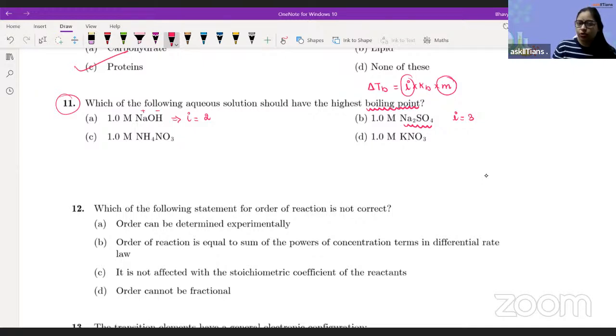In option C, 1 is ammonium ion, 1 is nitrate, again total number of ions is 2. In KNO3, K plus, NO3 negative, total number of ions is 2. So the more the number of ions, the more is the boiling point difference, and higher will be the boiling point. So the answer would be B.